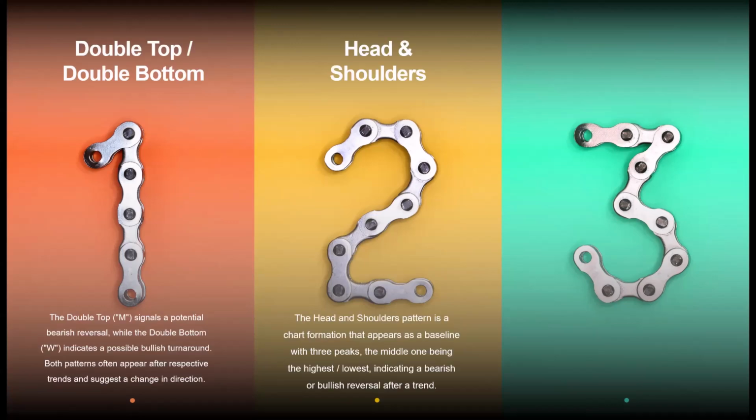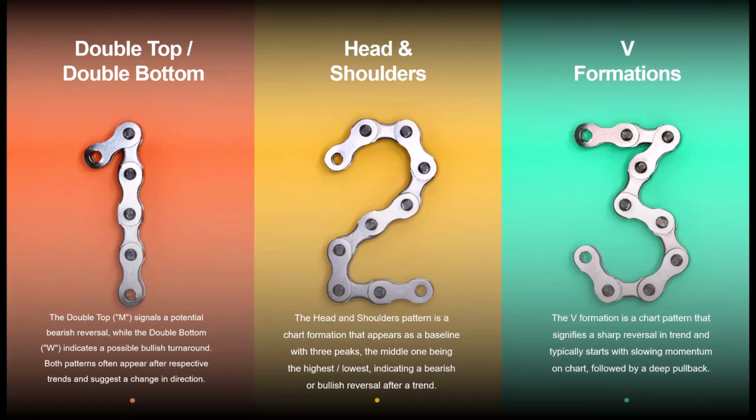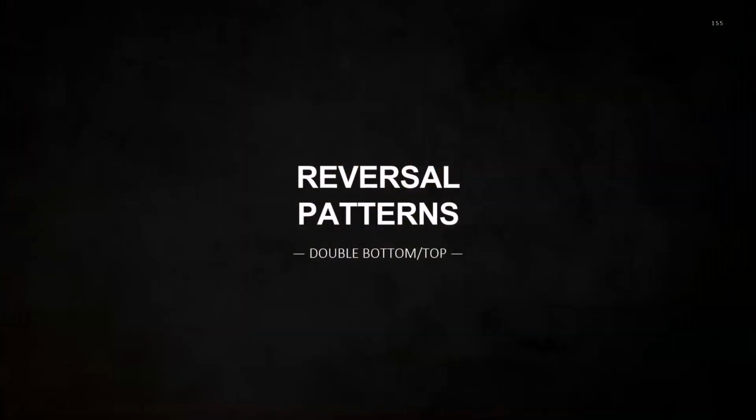The second type is the head and shoulders, and then the inverted head and shoulders. The third one is commonly referred to as the V-shaped recovery. So you have your double tops and double bottoms, your head and shoulders types, and your V-shapes. Now, in every reversal type pattern, you also have the development of what is called a continuation pattern.